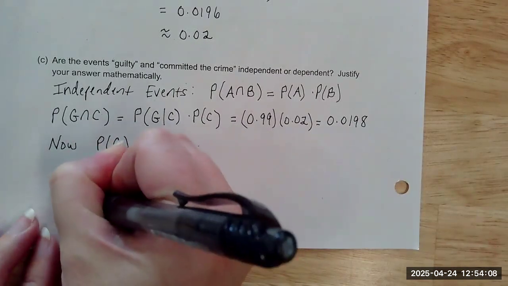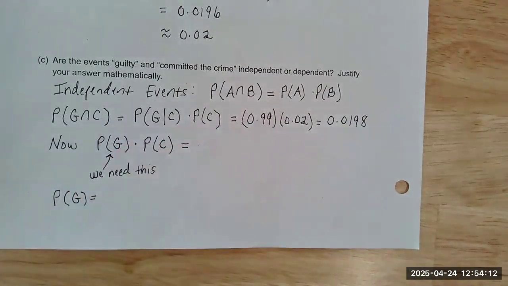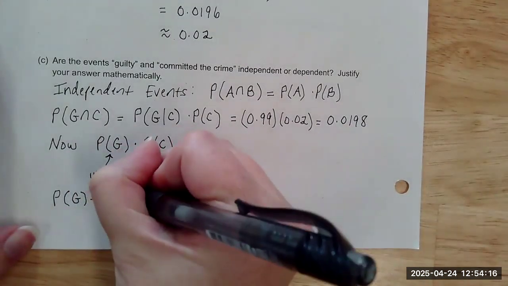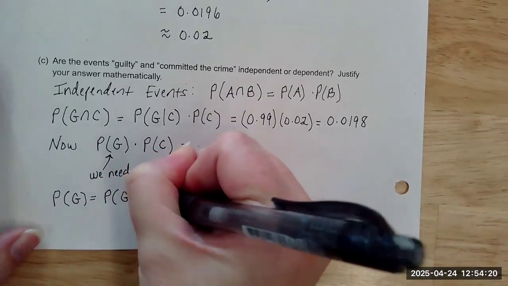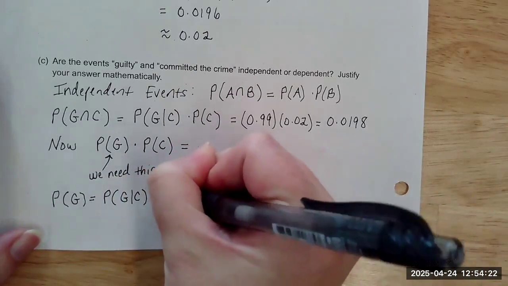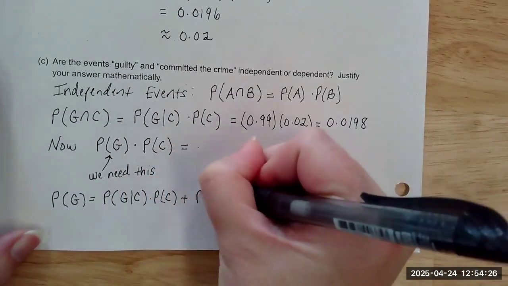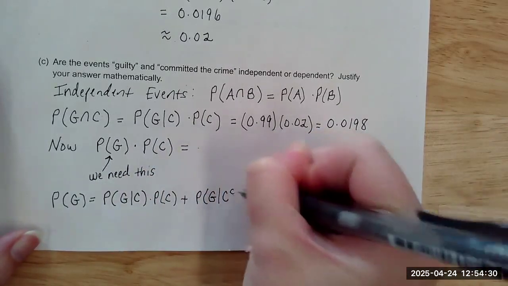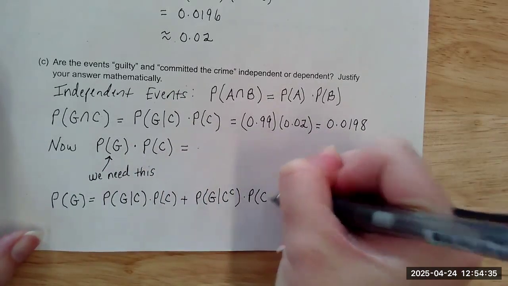The probability of G is equal to the probability of G given C times the probability of C plus the probability of G given C complement times the probability of C complement.